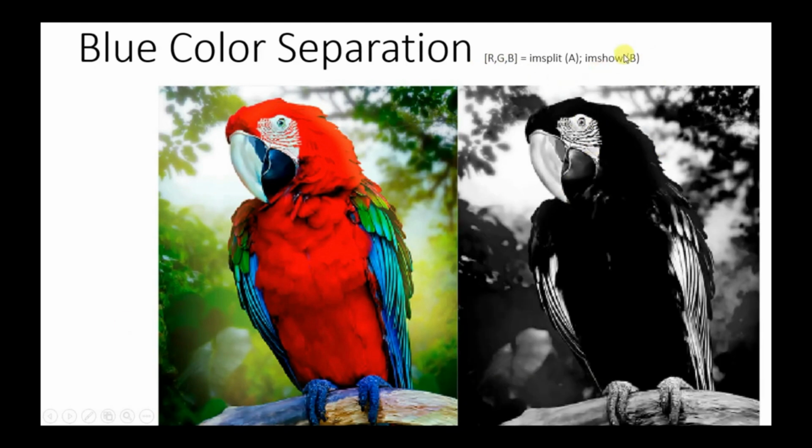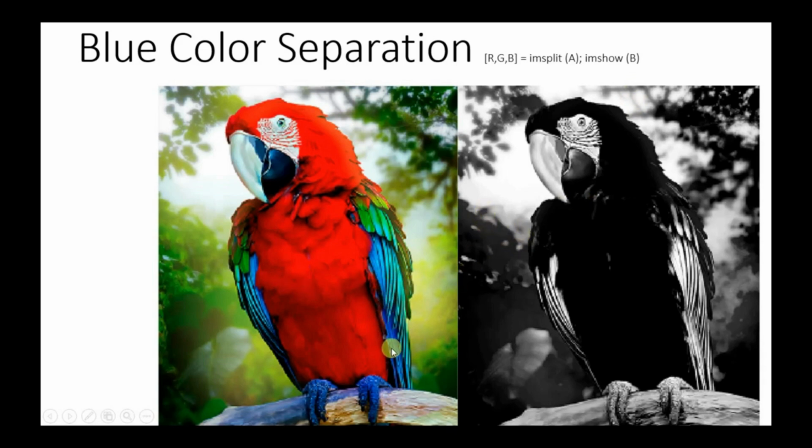And the third one is blue: I imshow B with the same command. In this picture only the blue component of the color channel is shown.